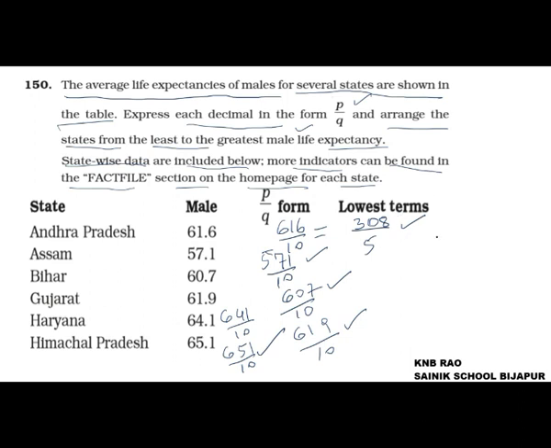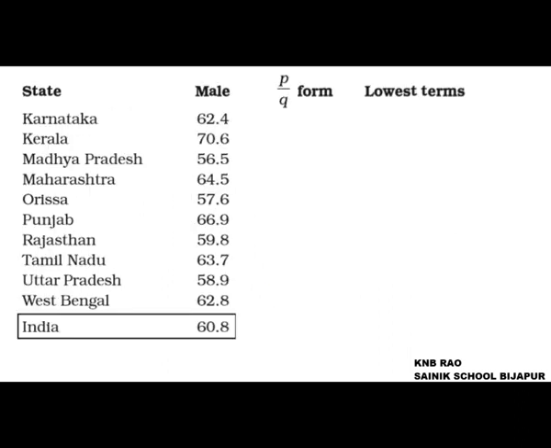Next, coming to the rest of the states. Here the rest of the states, 62.4 can be converted as 624 by 10, and converting it into simplest form gives 312 by 5.